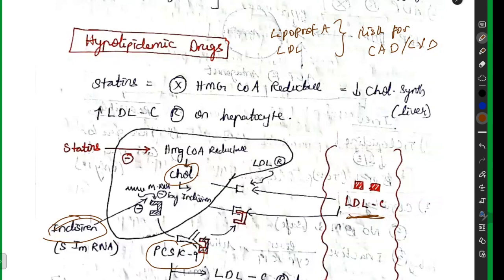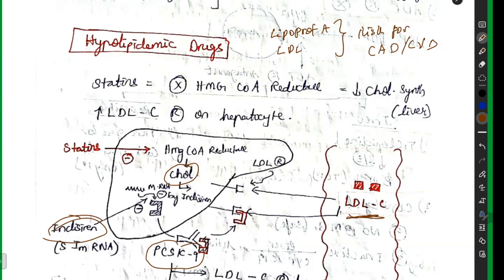When all this low density lipoprotein has come and deposited in your liver, it will lead to fatty liver. So you can either prevent the cholesterol synthesis itself by giving a statin drug, or you can prevent this PCSK9 receptor. When you prevent PCSK9, the LDL loaded with lipid is prevented from going back to your liver.